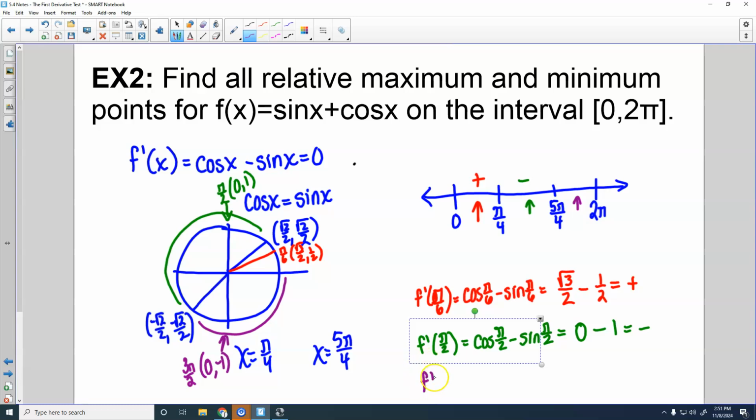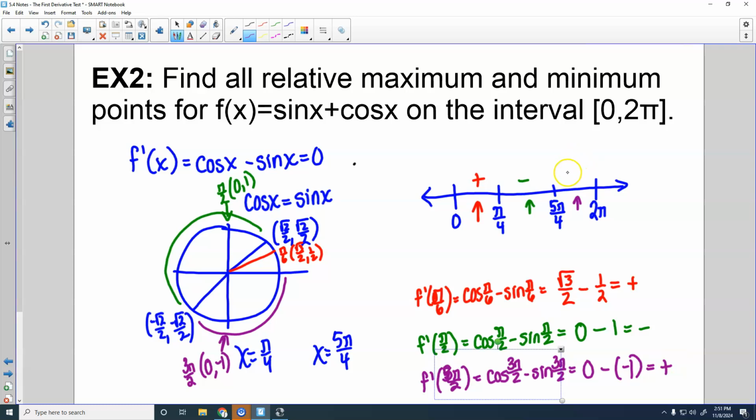And then for here, we're between 5 pi over 4 and 2 pi, and I would pick 3 pi over 2, which is 0, negative 1, because those are the easier values to work with. So f prime of 3 pi over 2 would be cosine of 3 pi over 2 minus sine of 3 pi over 2. And cosine would be 0, and sine would be negative 1. That's going to give you a positive 1.